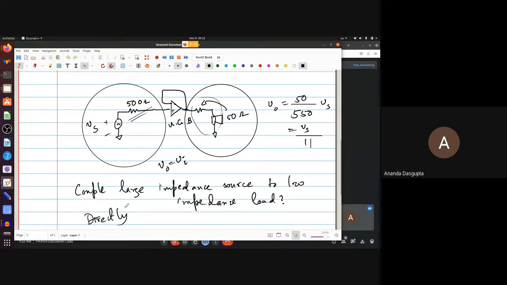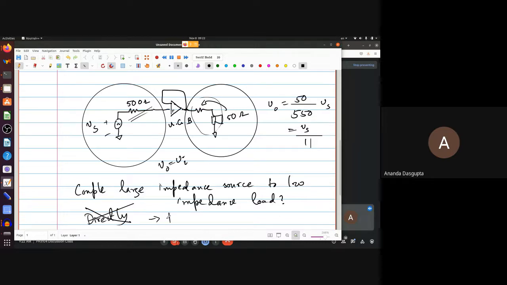As we discussed, if you do this directly, you are going to get into trouble, essentially because there will be a large drop in the source's resistance, and also, of course, because you have fluctuations if you change your source or load.